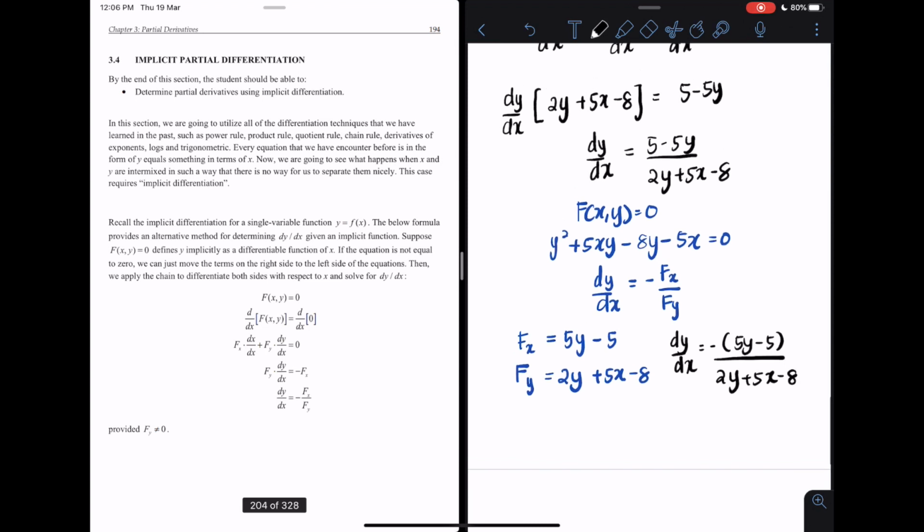You can compare the answer. The answer is similar. So if I were you, I would use the formula to determine the derivative of a function of two or more variables instead of using implicit partial differentiation.